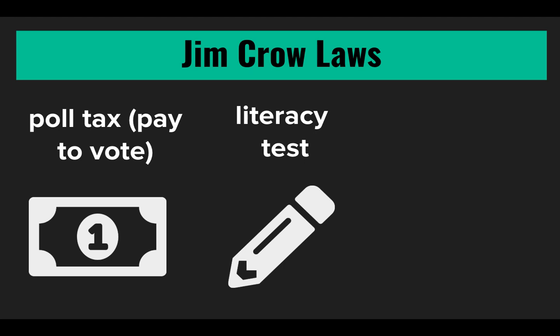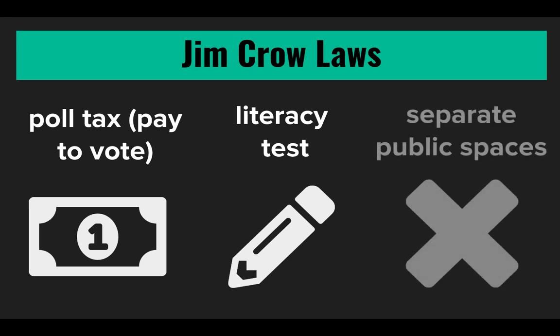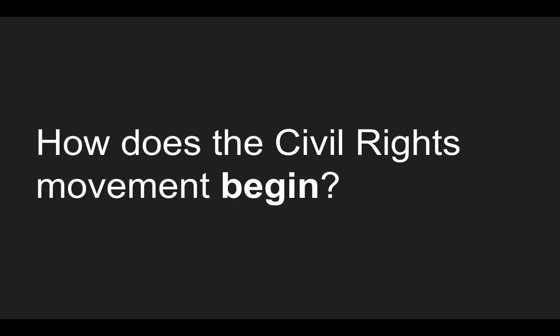It was up to the white registrar to determine if that person should get the right to vote. And so, of course, we saw so many cases of white people denying Black people the right to vote because of this literacy test. And finally, right, segregation or separation of public spaces, that is also an example of Jim Crow laws.